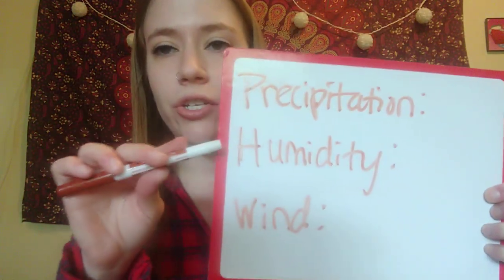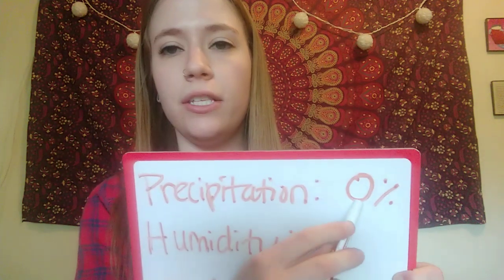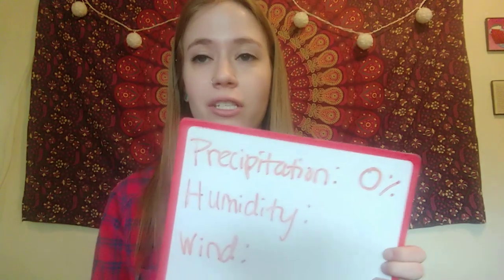We're just going to be looking up at precipitation and what percentage is put next to it. So on my computer, it's showing 0%, which makes sense because we just talked about how our blue line was just straight across and stable. So it showed no variations of weather. So there is 0 chance that it will rain today.